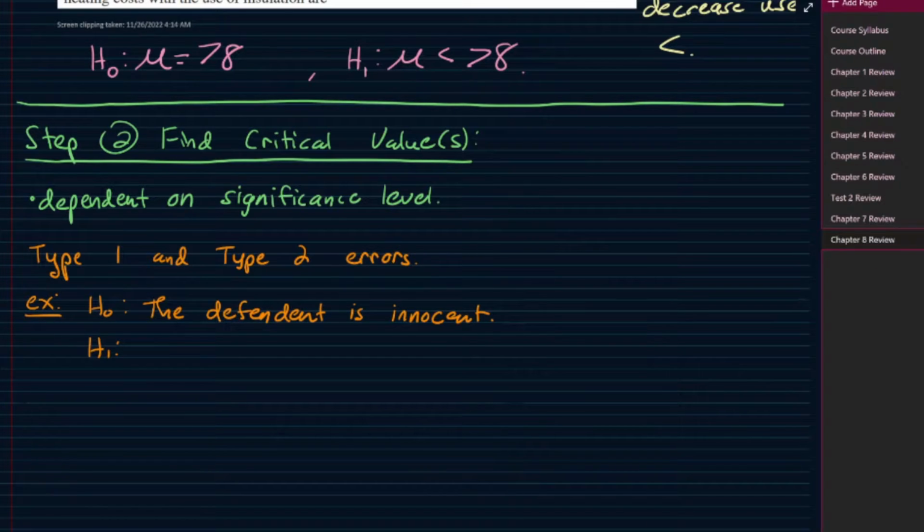That makes sense, especially according to American law, where you're innocent before proven guilty. So we're assuming that the person is innocent. We've got to disprove that to find them to be guilty. And our alternative hypothesis is that the defendant is not innocent, AKA guilty.